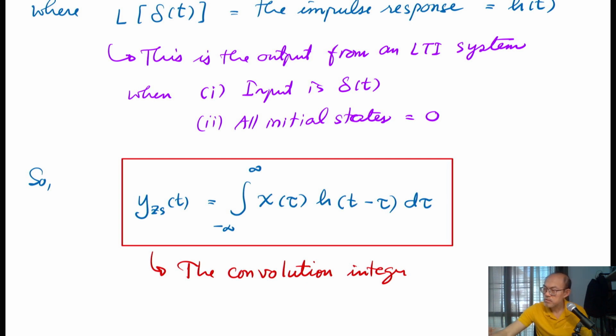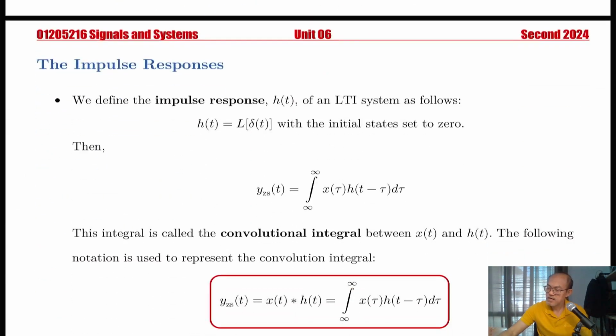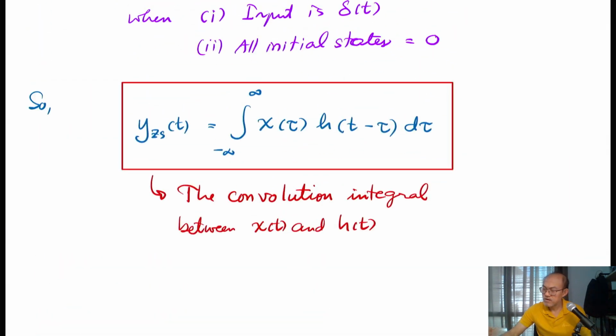It is the integral between two functions x of t and h of t. And there is a symbol for that.